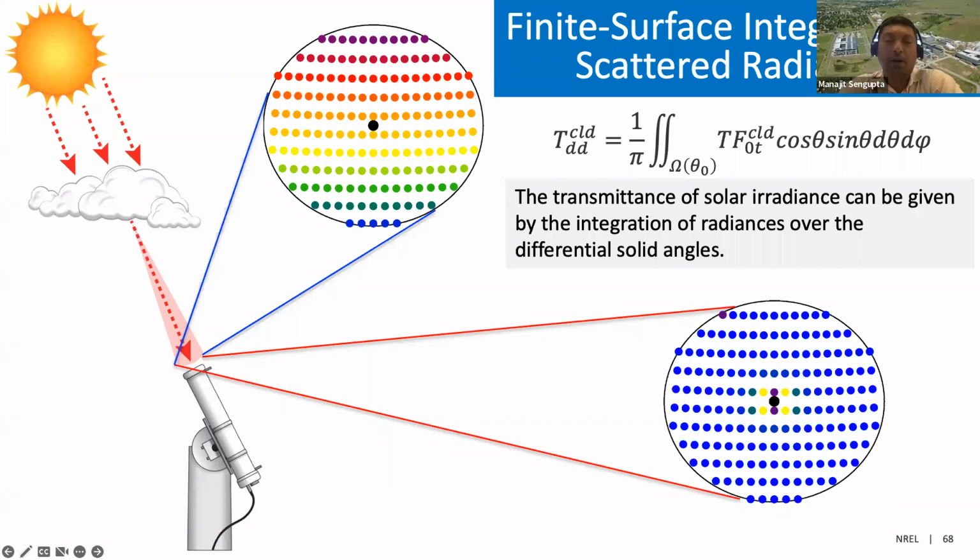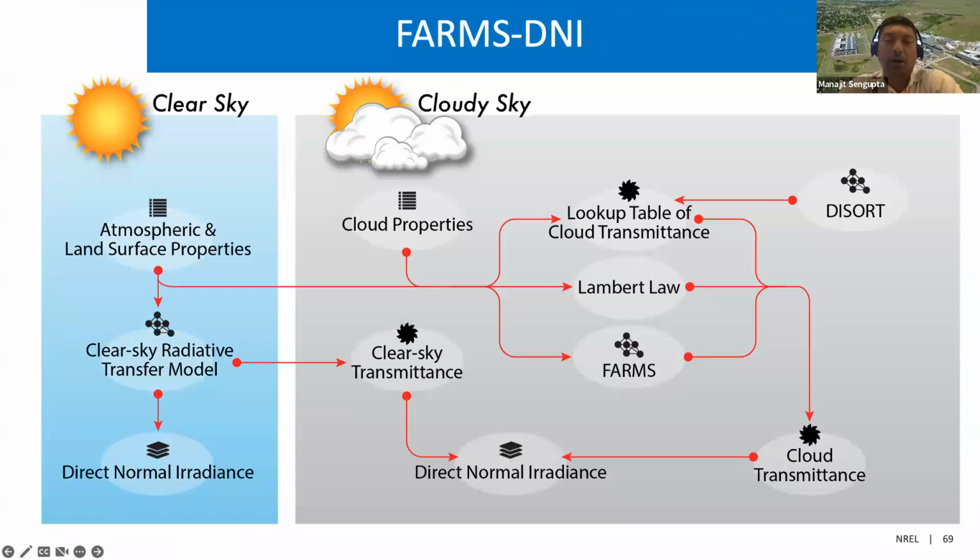Next slide, please. We built a lookup table of cloud transmittances, and to make it even easier, we built parameterizations around those cloud transmittances, which improves our ability to provide an accurate DNI in cloudy situations.